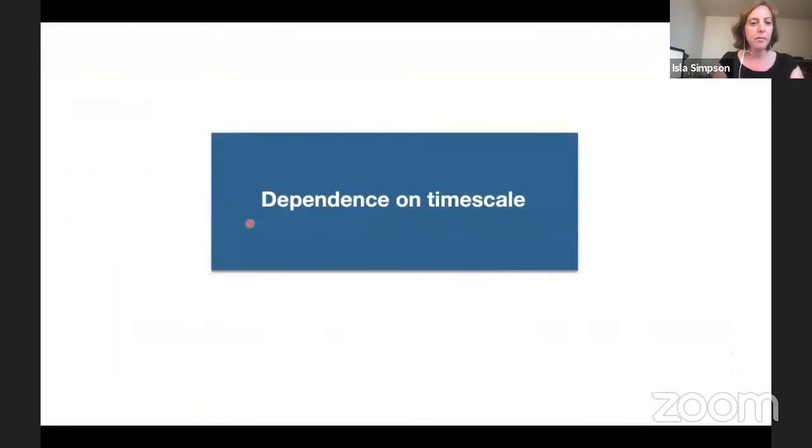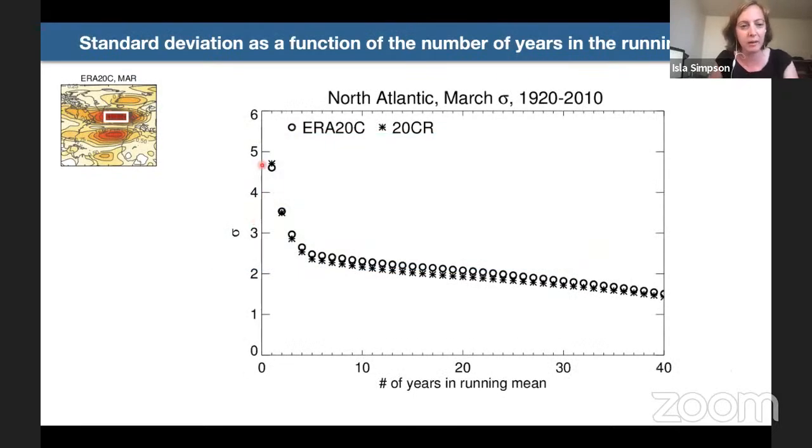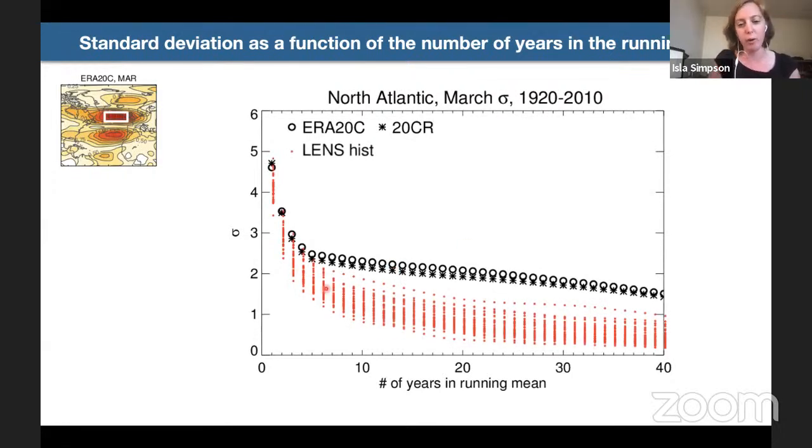We can look at how this discrepancy varies as a function of the timescale that we're looking at. So this is again averaged over this box in the North Atlantic. And here we're going from just interannual variability of March averages on the left to 40-year running means on the right. These are two observation-based estimates, and then this is all of our 40 members from the CESM1 large ensemble.